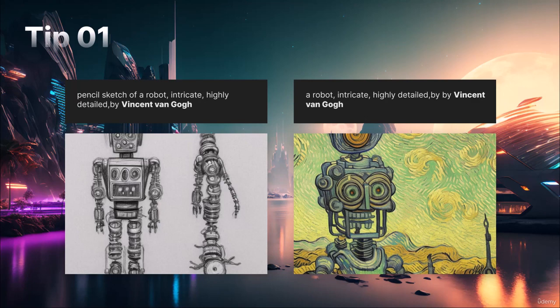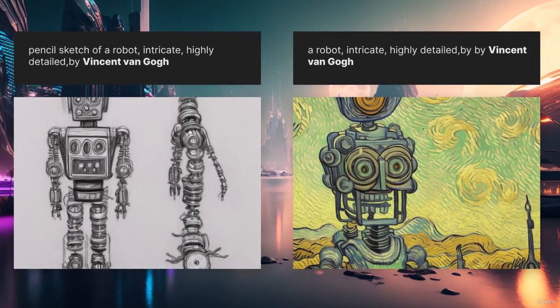And if you're not sure whether a particular medium is applicable to a given artist, you may end up with an image that doesn't really capture their style or aesthetic. For example, if you were to try to generate a pencil sketch of a robot by Vincent van Gogh, the resulting image might not really look like something Van Gogh would have created, since he was more known for his paintings in oil and other media.